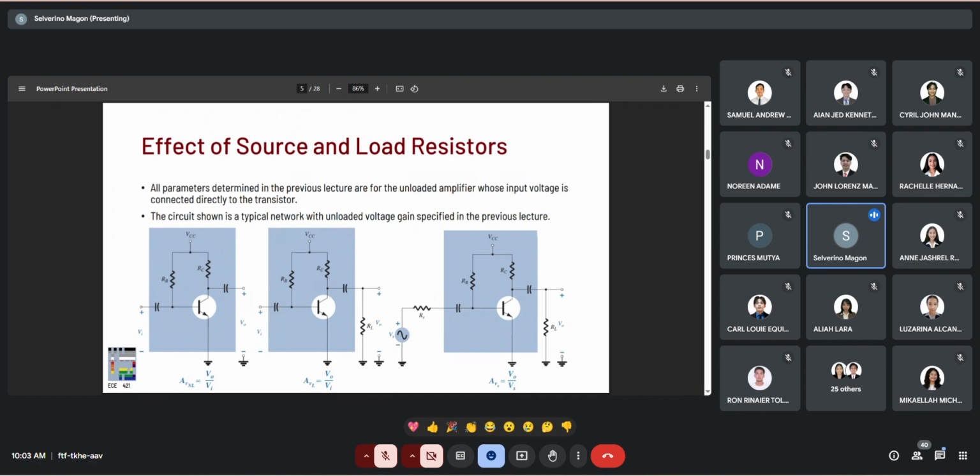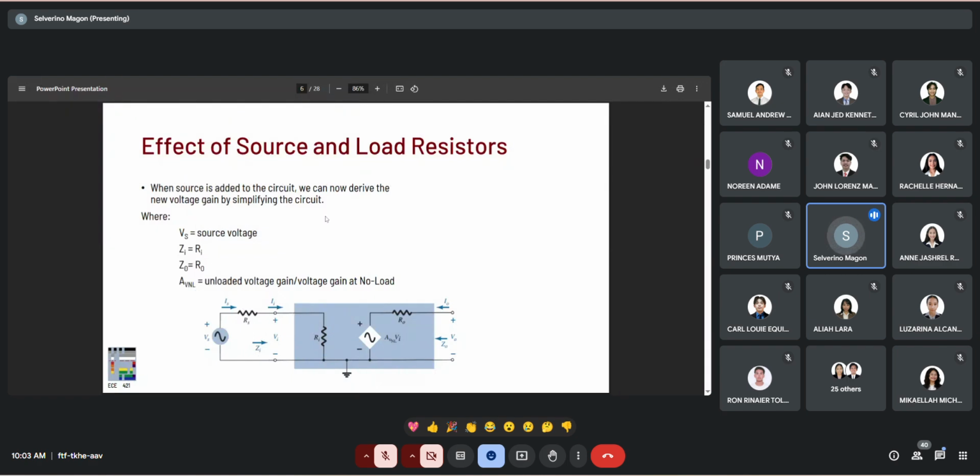So the circuit below is a typical network with the unloaded voltage gain specified in the previous discussions. So we've seen here the unloaded circuit, and then we will go through the analysis with the load effects and the source resistance effects.